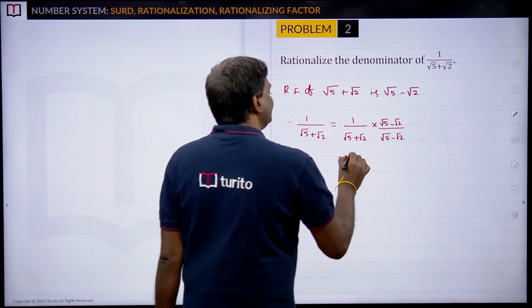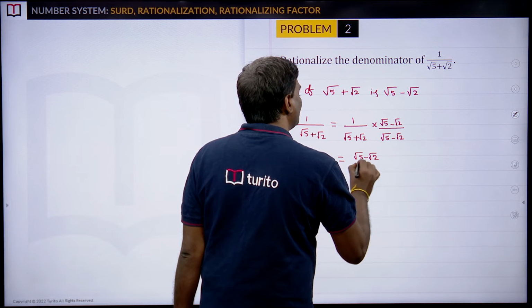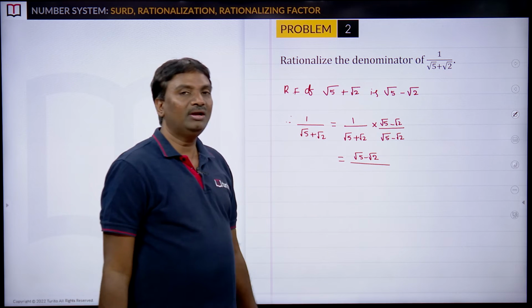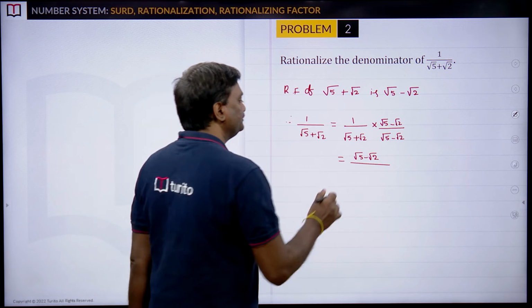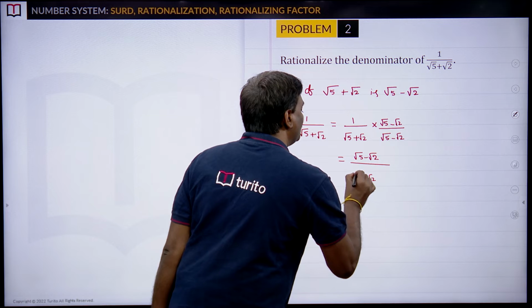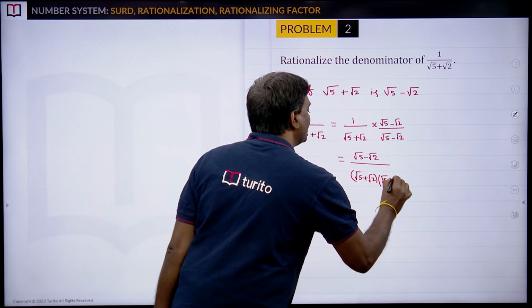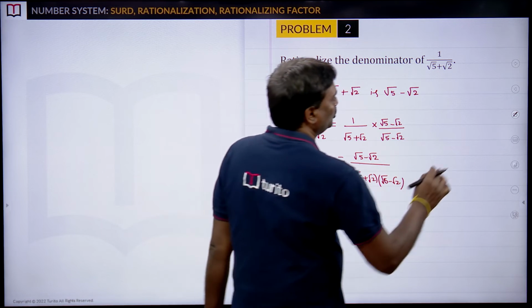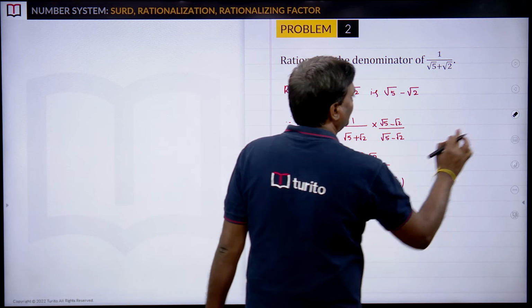In the numerator we have root 5 minus root 2. In the denominator we have root 5 plus root 2 into root 5 minus root 2.